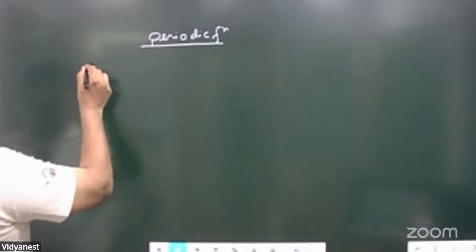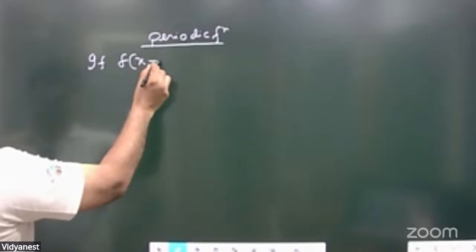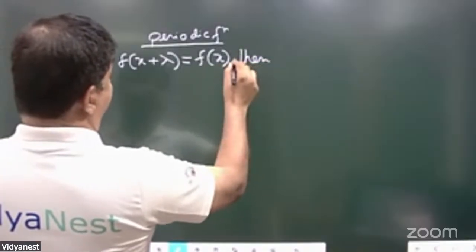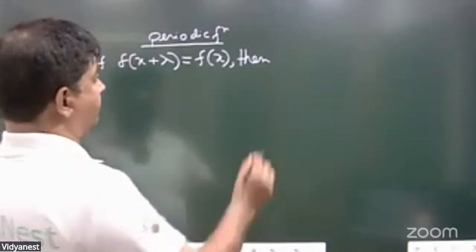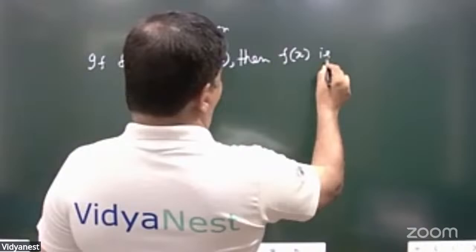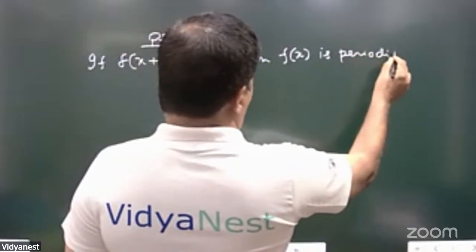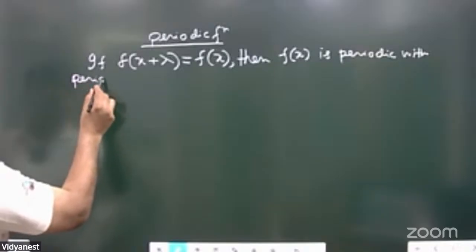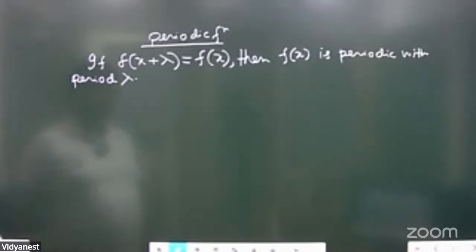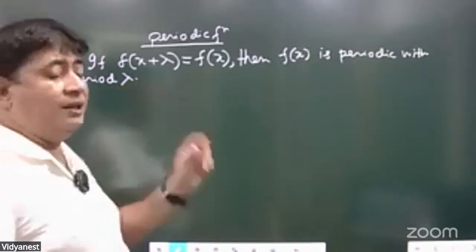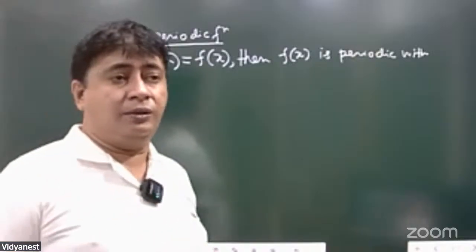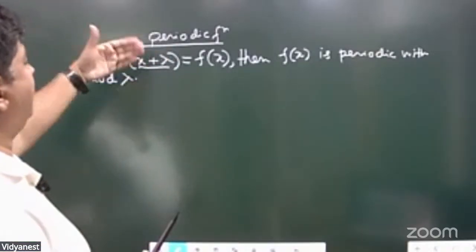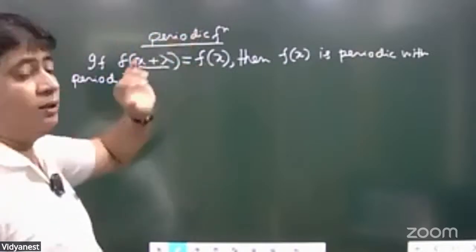If f(x) is periodic with period lambda, what does that mean? See, every time you give some increment in x, even after giving the increment, f(x) will remain the same.